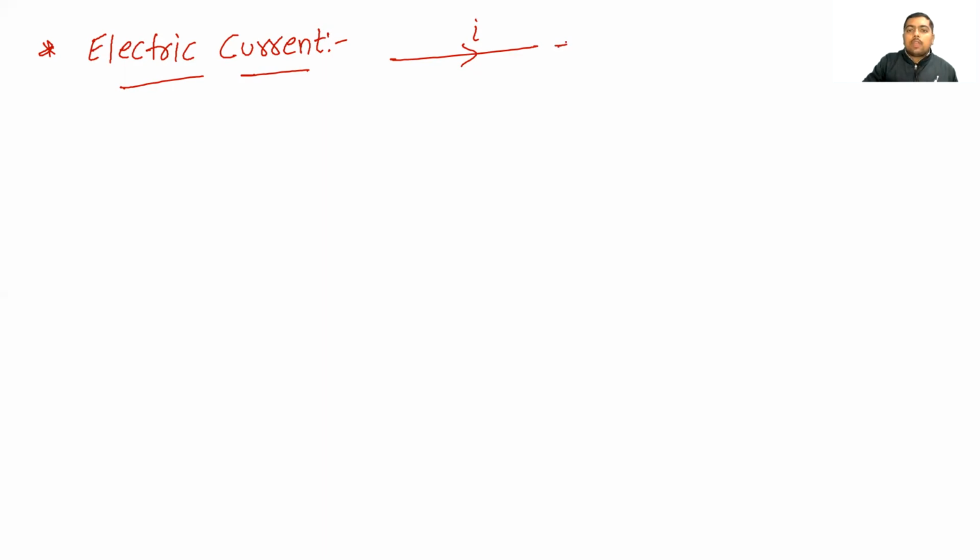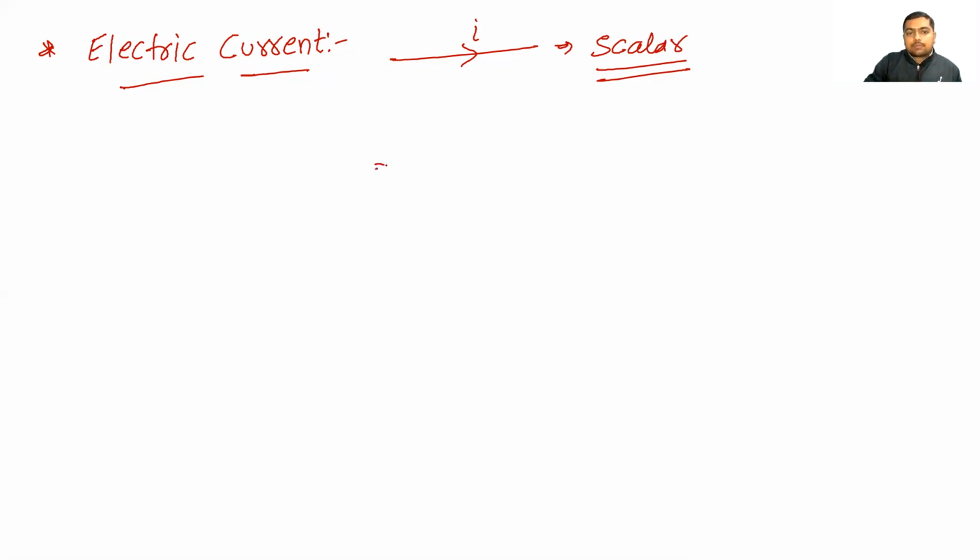So why can we say the electric current is a scalar quantity? Why is it not a vector quantity? Because we learned previously that vector quantities are those which have magnitude as well as direction. Electric current has both. It has magnitude and also a direction. So why is it a scalar? So the answer is very simple.